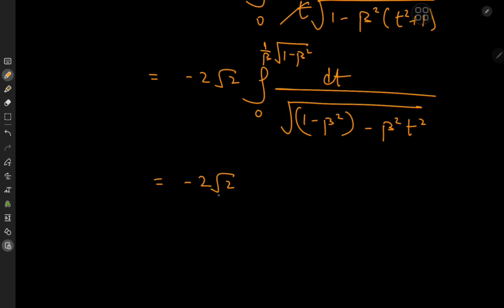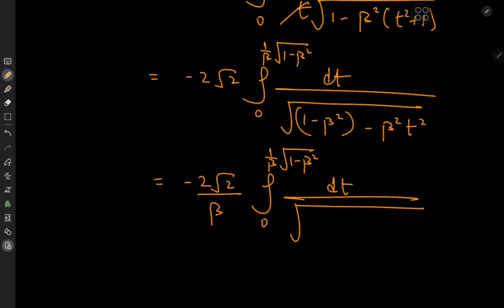So we have negative 2 root 2 divided by beta times the integral from 0 to 1 by beta times root 1 minus beta squared dt, and root 1 minus beta squared, terribly sorry about that, divided by 1 minus beta squared over beta squared minus t squared.